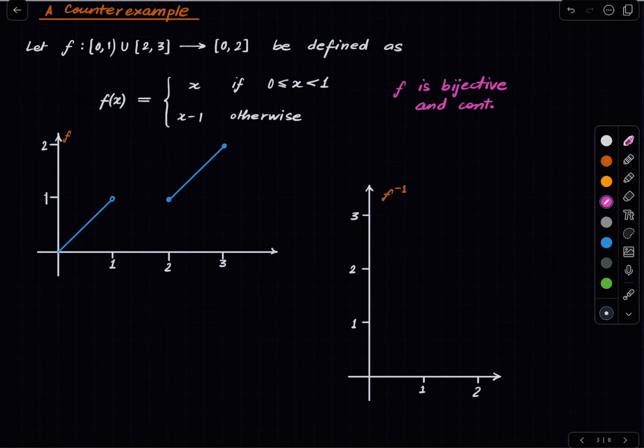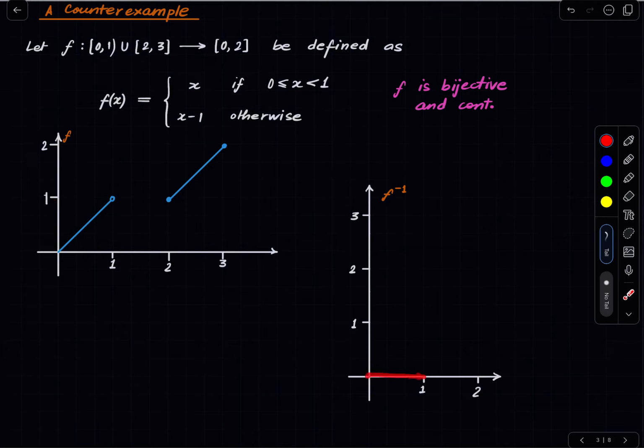Okay, so since it is a bijection, we can talk about the inverse of it. And the inverse has the entire interval 0 to 2 as the domain. And let's see what the inverse is. Let's try to draw the graph. As I choose values here, 0 to 1, it's as good as choosing values here and picking the points which map to it.